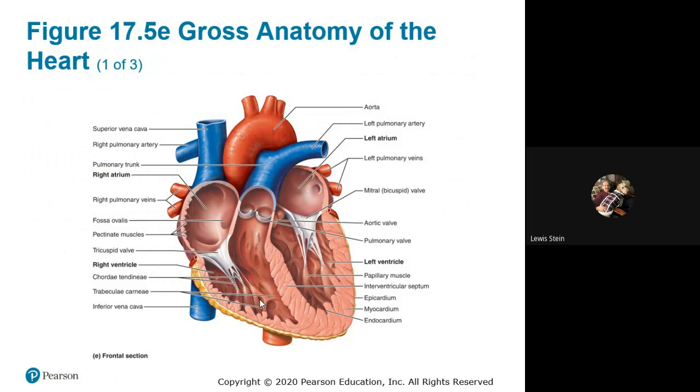Here are the valves. Now the blood makes its way to the lung, gets oxygenated, and comes back by way of veins, the pulmonary veins. Veins are more numerous.